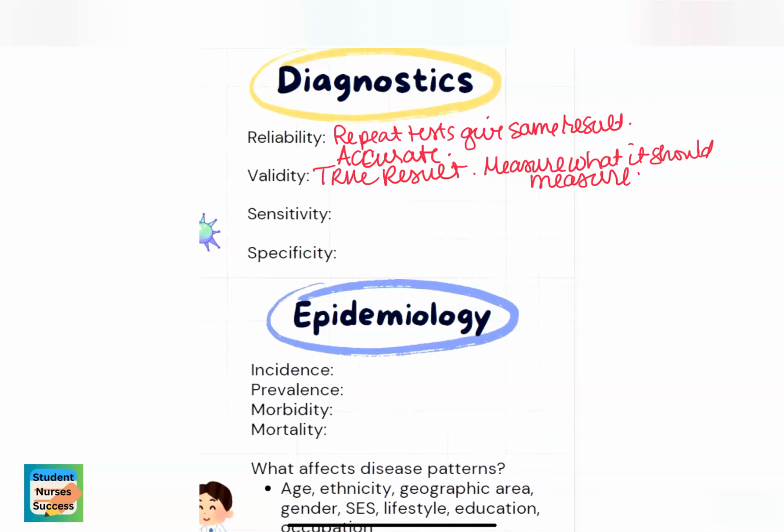Now, sensitivity and specificity are also two important things with diagnostic tests. Sensitivity picks up true cases. It means it's sensitive enough to find the disease.